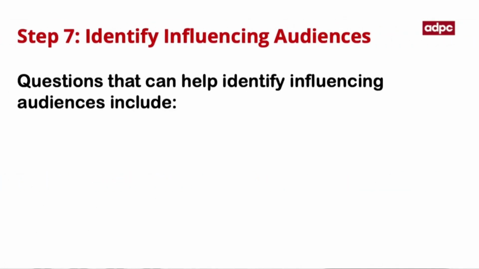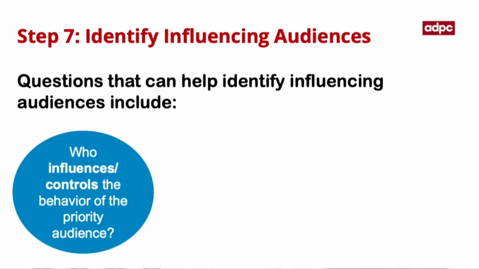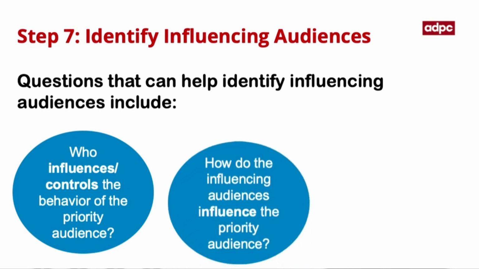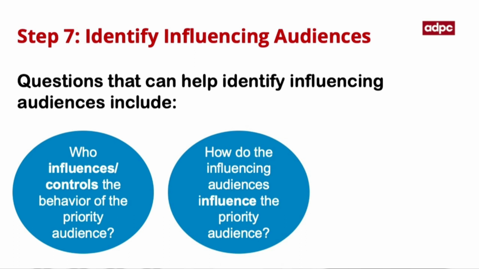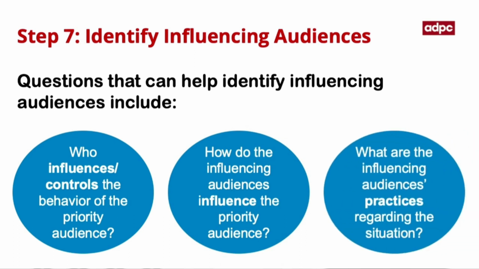Here are some questions that can help you identify your influencing audiences. Who influences or controls the behavior of the priority audience? How do the influencing audiences influence the priority audience? What are the influencing audience's practices regarding the situation you are addressing?